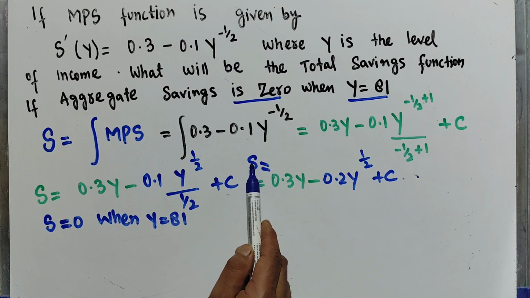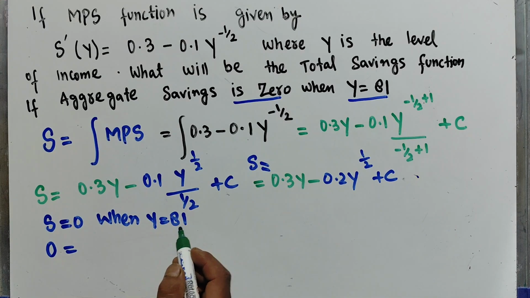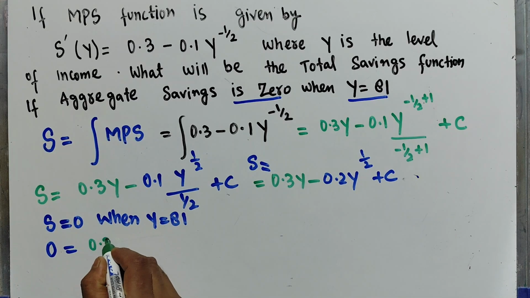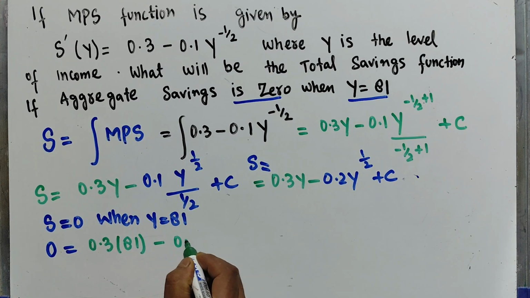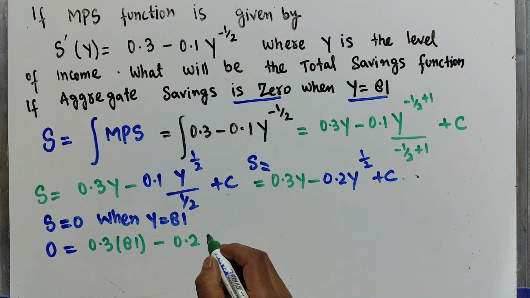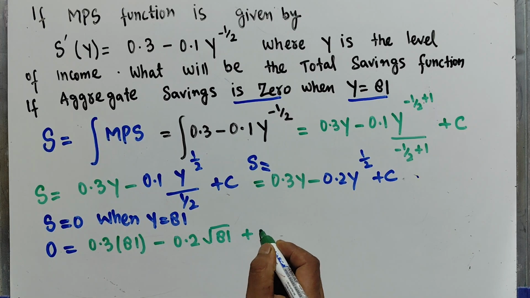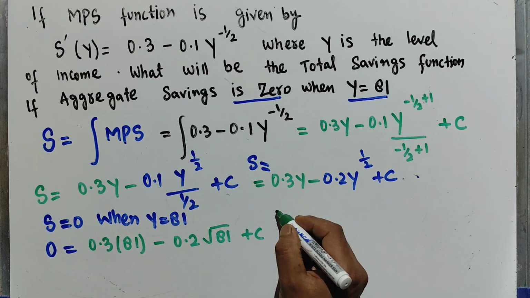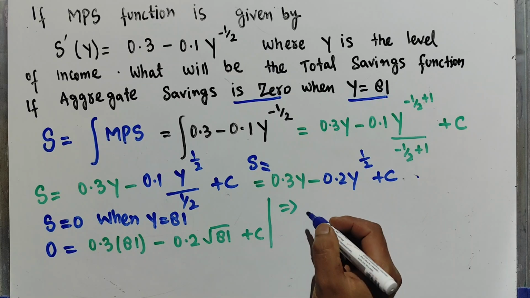Let's plug in S equal to 0 here. So 0 is equal to, in place of y we have 81, so 0.3 times 81, minus 0.2 times y raised to the power 1/2, which means square root, where y is 81, plus the constant of integration.